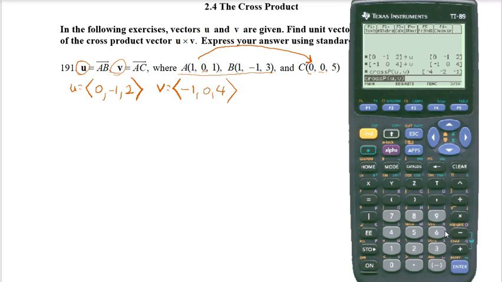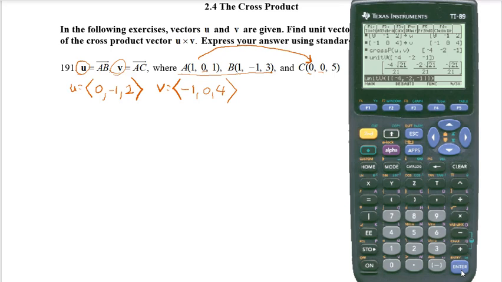We can find the unit vector for that by doing catalog, go to the U's, and UNITV stands for unit vector. Now we can go up here and grab the answer and just push enter and close the parentheses.